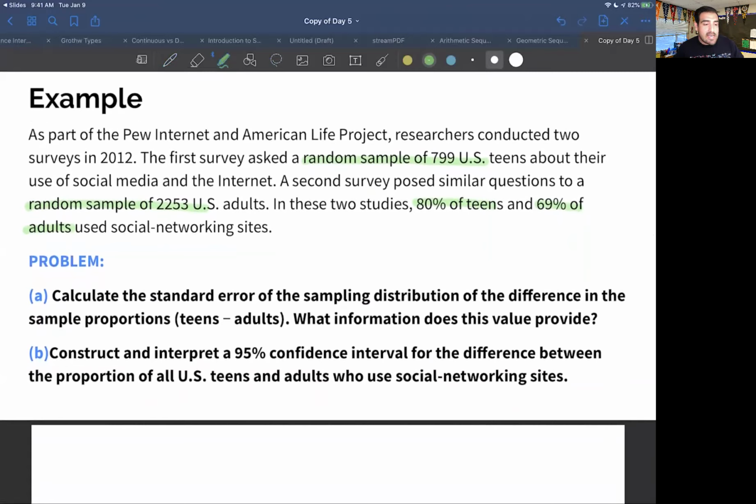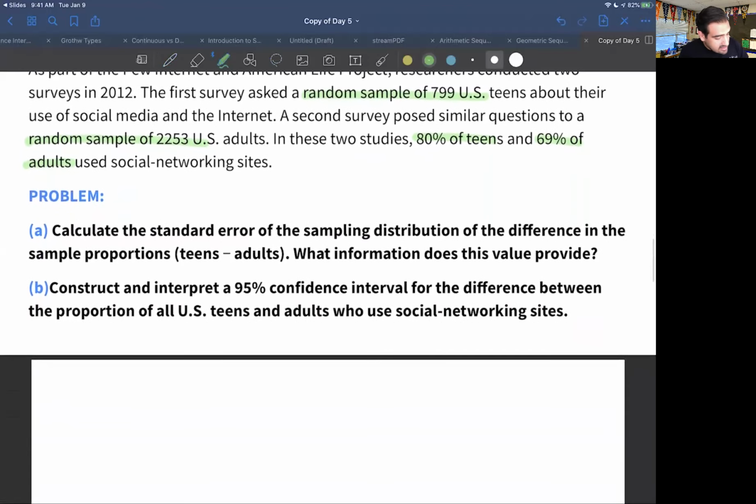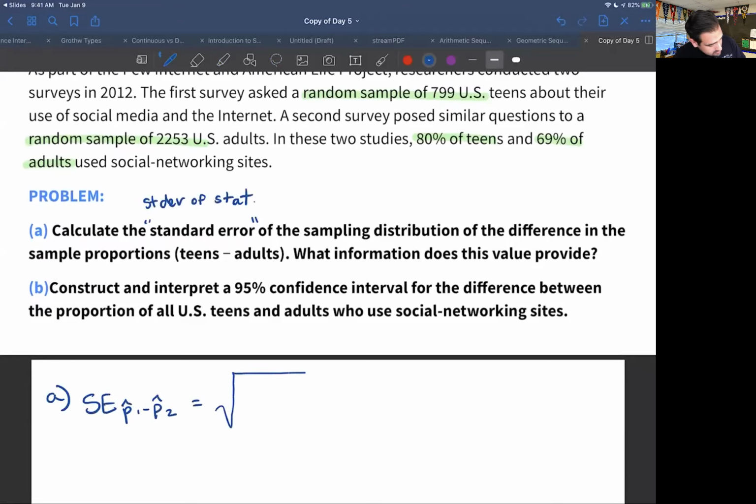So let's calculate that standard error. Remember, this is the standard deviation of the statistic. Those are the two different ways that we can word that. Standard error is the standard deviation of the statistic. So let's start with that. We remember that the standard error for one proportion minus the second proportion from two populations is that square root of the probability of success formula.